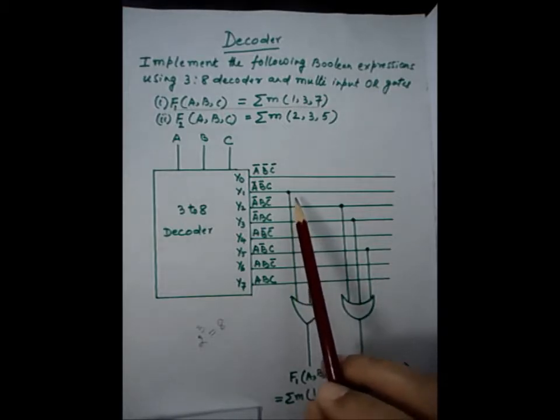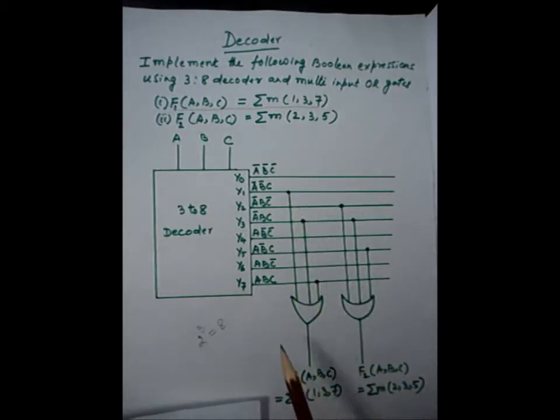And therefore, this is the implementation of the Boolean function with the help of a 3:8 decoder. We have taken the 3:8 decoder because there are 3 variables. In the case of 4 variables, obviously we have to take a 4-variable decoder.